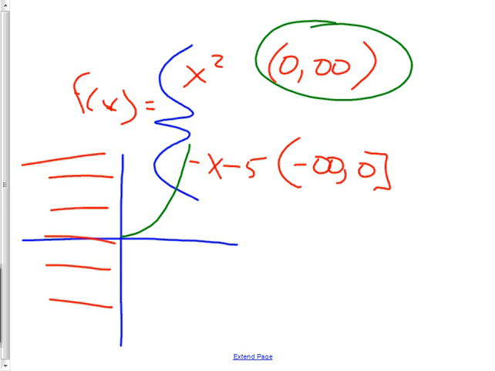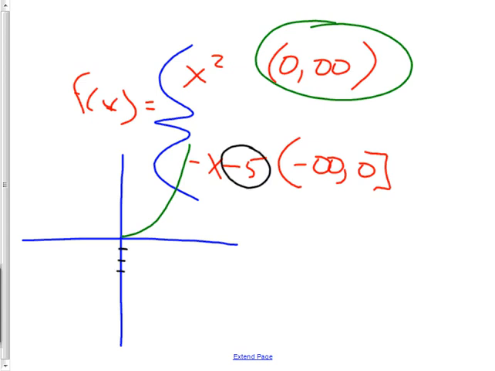Well, what's that look like? It's a straight line because it doesn't have an x squared in it. It's not quadratic. It's not a parabola. It's just a straight line that has a y-intercept of negative 5 and a negative 1 in front of it, so its slope is negative 1. So it's just a line that would run like that.